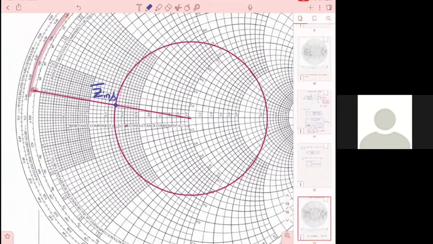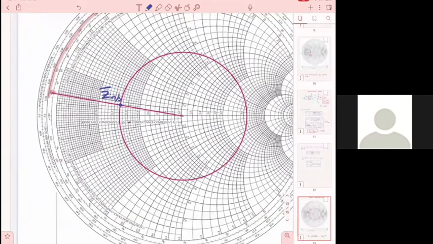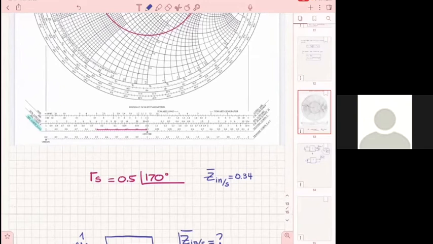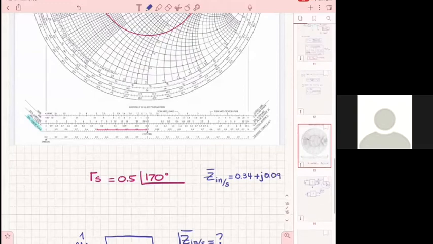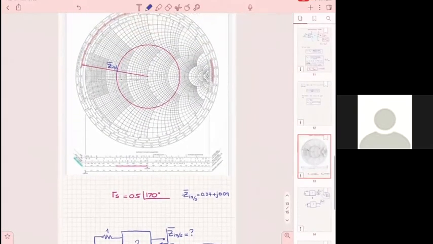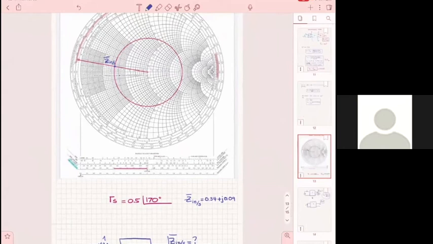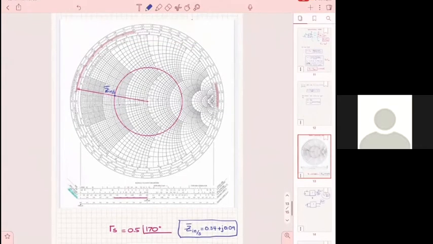Maybe, let me see, 2, 4, 6, 7, 9, approximately. Okay, so it's plus j 0.9, 0.09, excuse me. Okay, do you agree with that? The rest of you, do you agree with this? Would you get this value if you were to read it? Yes. Yeah. Okay, good.